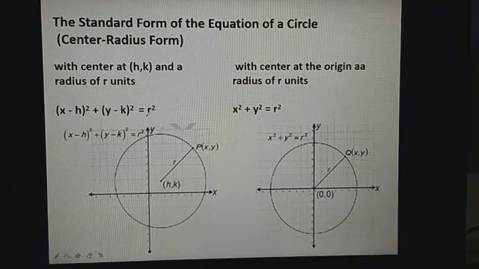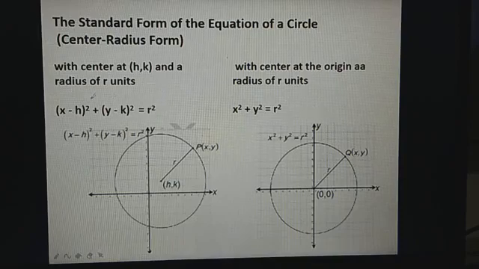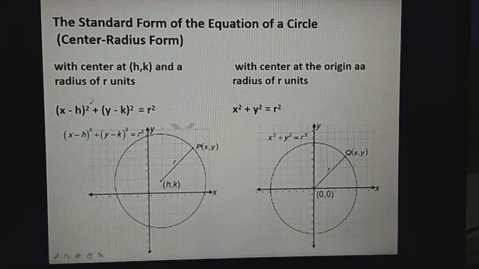So if a circle has a center point (h, k) and a radius of r units, this will be our equation for center radius form. So we have here the quantity of x minus h squared plus the quantity of y minus k squared equals r squared.